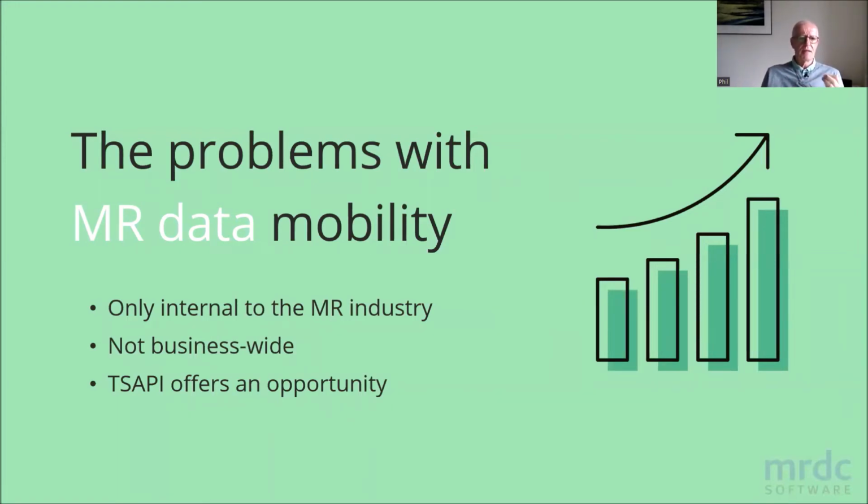The problem with the systems we looked at so far is that they tend to be internal to market research, and they're not business wide. And I think this is one of the challenges: there's a need to market things. If SAPI becomes a good and satisfactory standard, there's a need to market SAPI to the wider business community, so that data can be transferred easily from survey data into other platforms that banks and so on use for their own analysis and reporting.